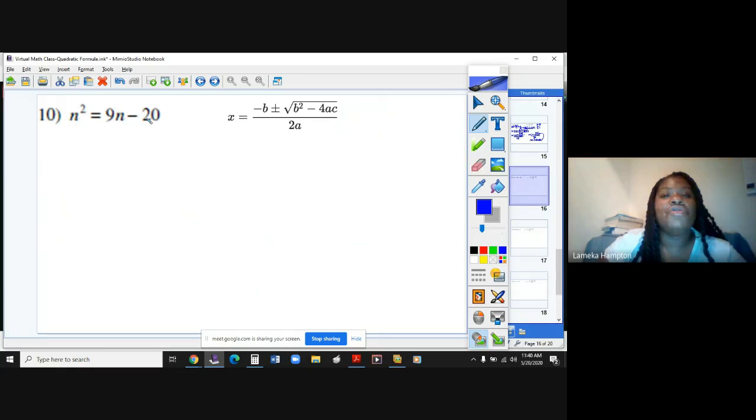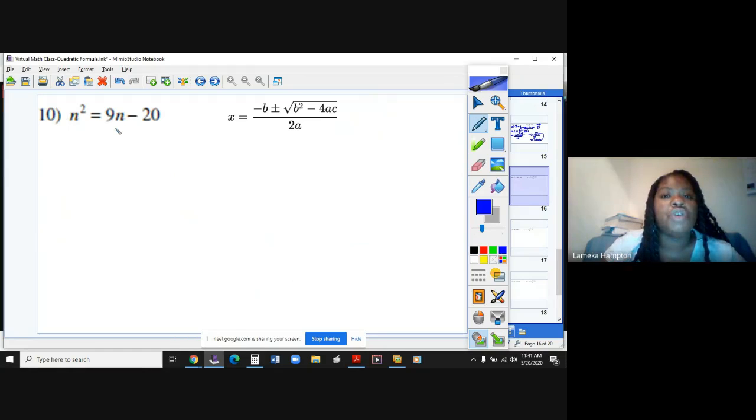Remember, you want your first term, the squared term, to be positive. You don't want it to be negative, otherwise it's going to cause a lot of problems. So what we have to do is move two things over to this side.